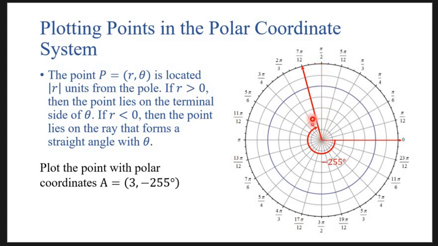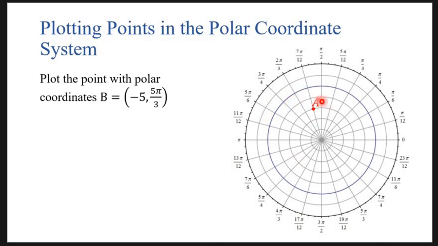And then once we know what the ray is that we're going to be on, the terminal side of the negative 255 angle, we just need to be 3 units from the pole. So from the pole I go 1, 2, 3 units along that ray, and that's where the point A is. So I put a point there, that's point A. And that's how you plot a point in polar coordinates.